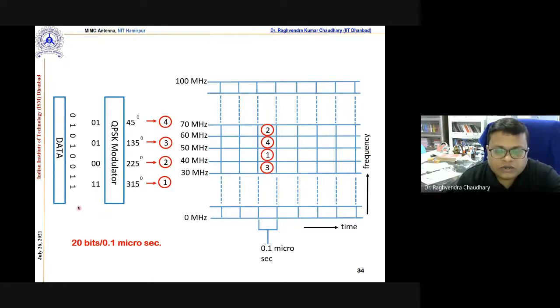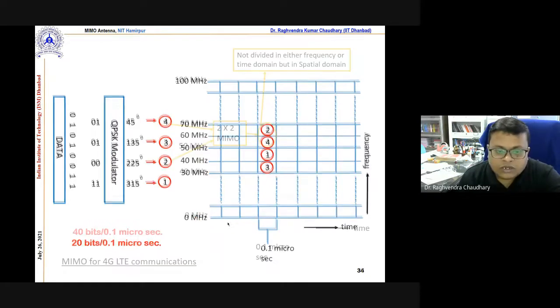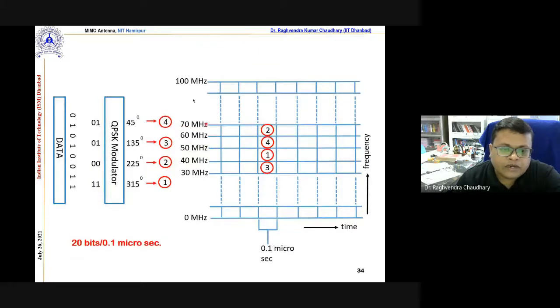So one symbol will take 0.1 microsecond. Correct. Because we are combining 2 bits in a single symbol, we may expect 20 bits per 0.1 microsecond. Correct. This is one way to improve the data rate.